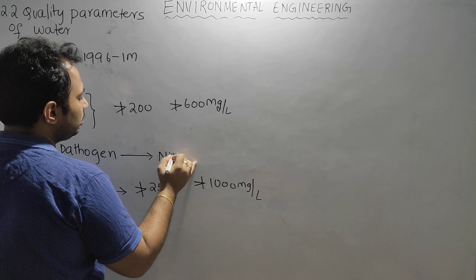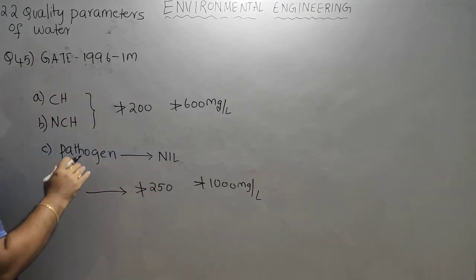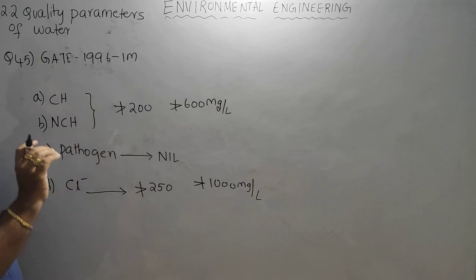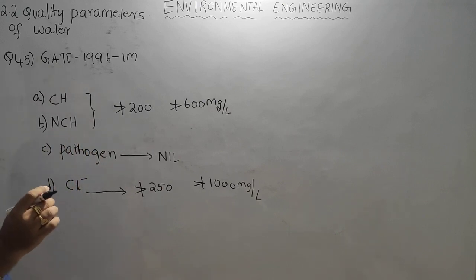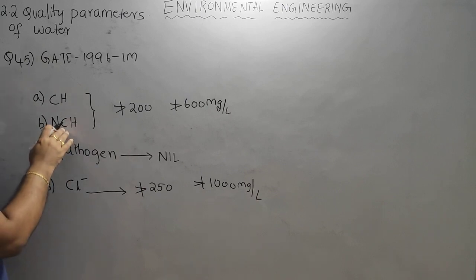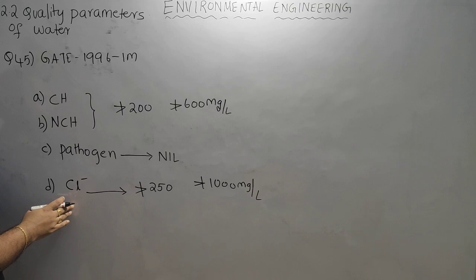It should not be present at all. So now tell me which is important. Where we don't at all accept its presence in the water, that should be the important quality parameter. Because if it is present also, it is not harmful to some extent. If chlorides are present also, they are not harmful to some extent. But we cannot at all allow these pathogens. That is why this is the most important water quality parameter from the given options.